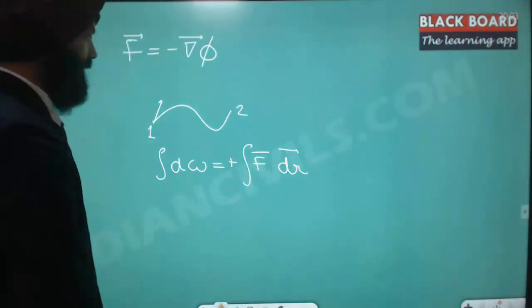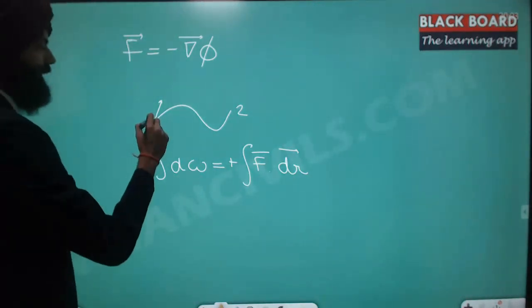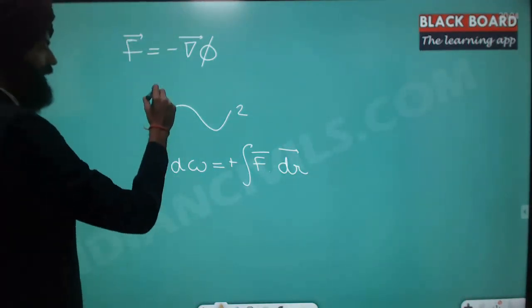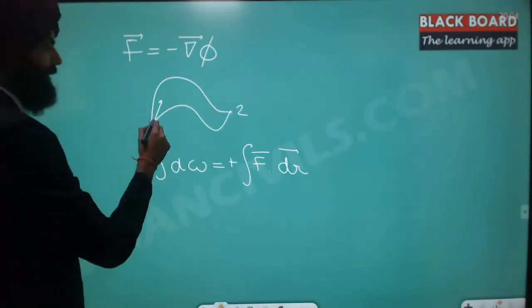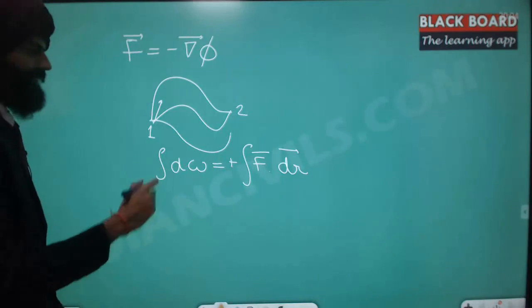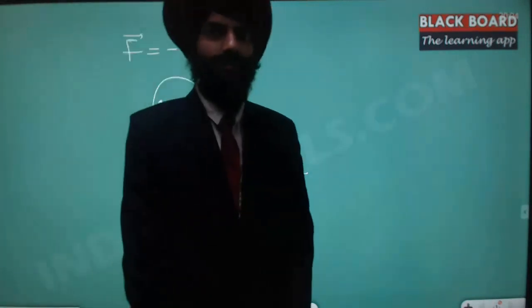Which means that if the same force is acting on the particle and the particle chooses this other path, the work done will also be the same. Similarly for any other path. And we derived this mathematically also.